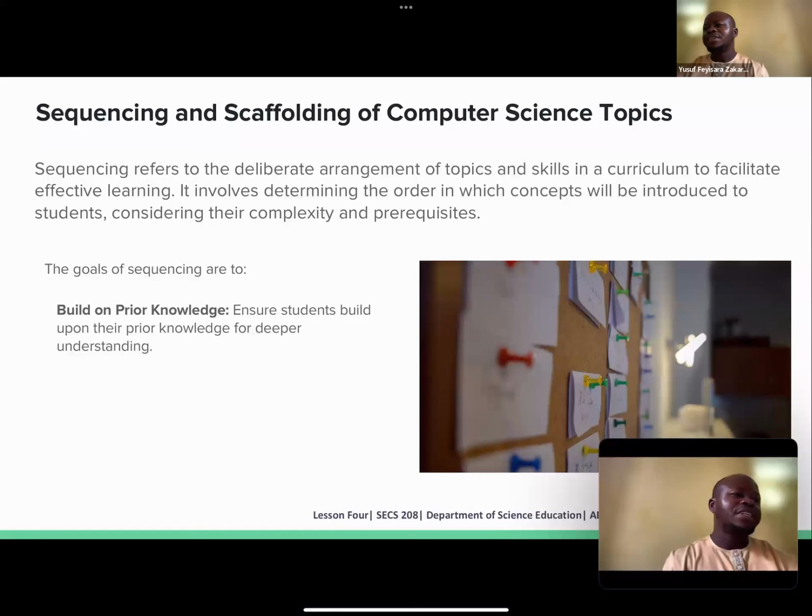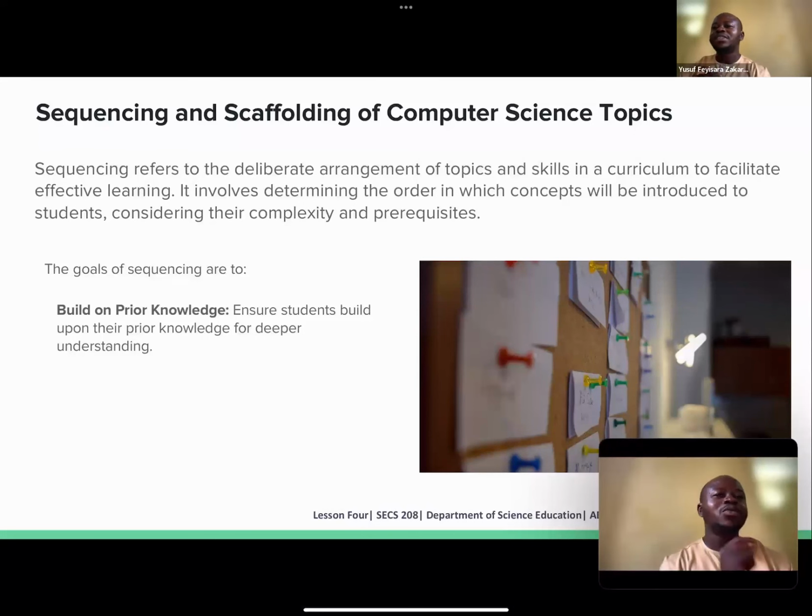You can start with programming in BASIC before you move on to Java, because you can see some intersection. BASIC is very simple. Just a few commands, and you are done. Unlike in Java, where you have to talk about loops and so many other things, which are more complex than BASIC. So you need to introduce the simpler to them so that they can build on the simple knowledge to acquire the more complex one.